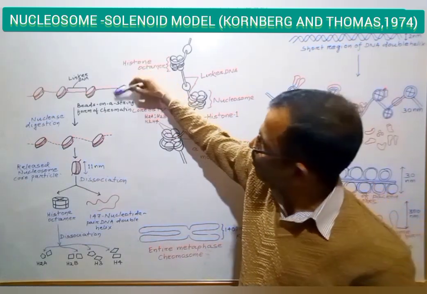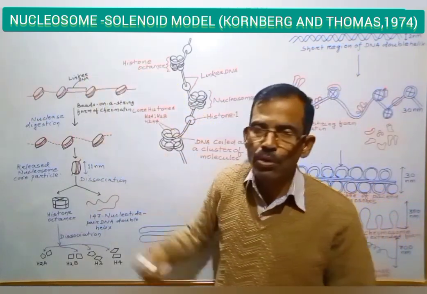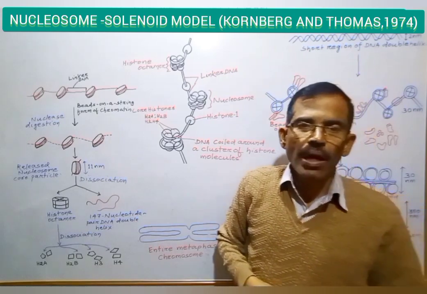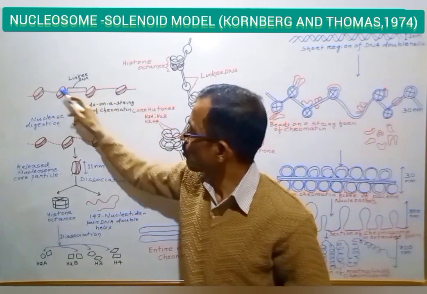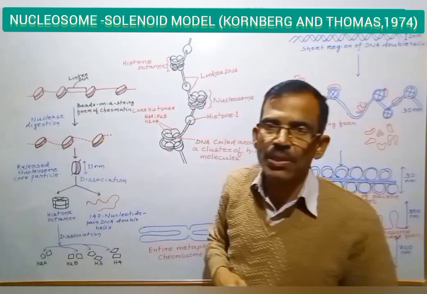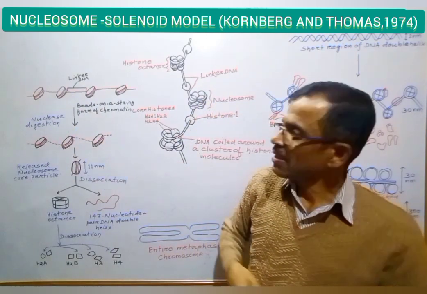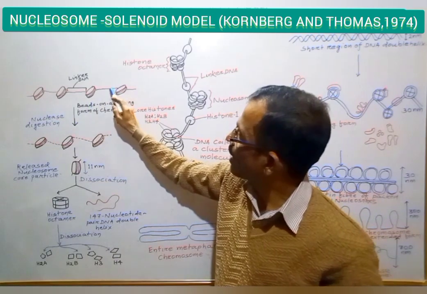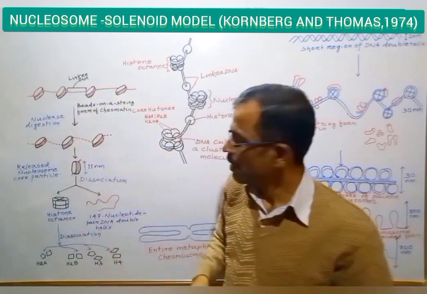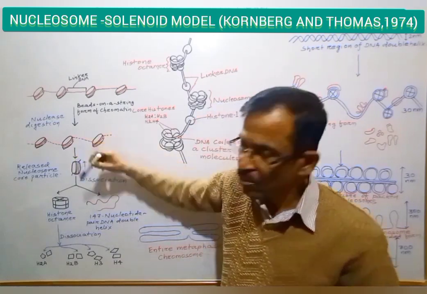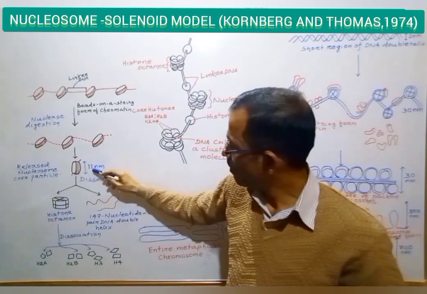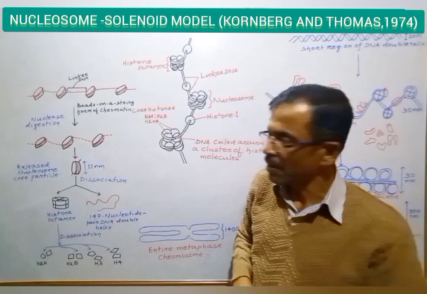The structural organization of nucleosomes can be determined after isolating them from the unfolded chromatin by nuclease digestion. The enzyme nuclease will break down the linker DNA, thereby releasing nucleosome core particles, which are about 11 nanometers in diameter.